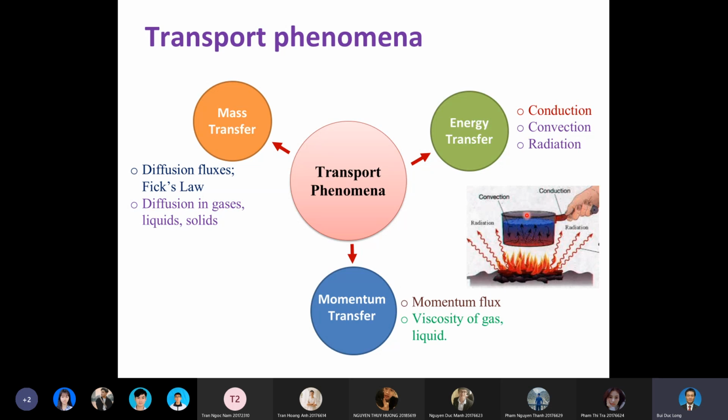Of course, for conduction, you already know Earth, surrounding us. For example, this picture illustrates the three different modes: radiation, conduction, and convection.